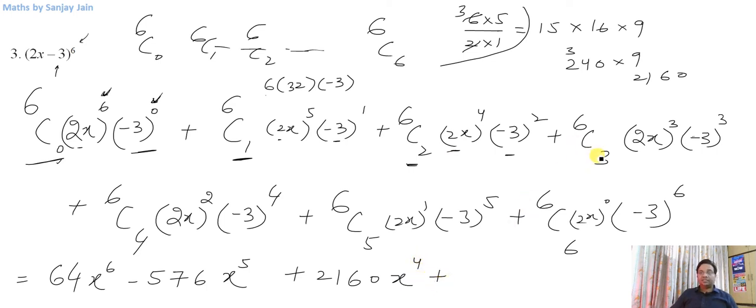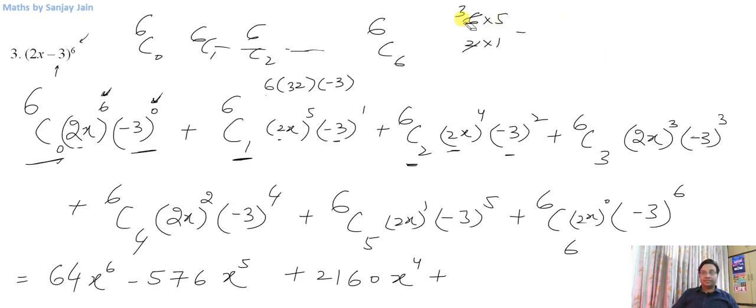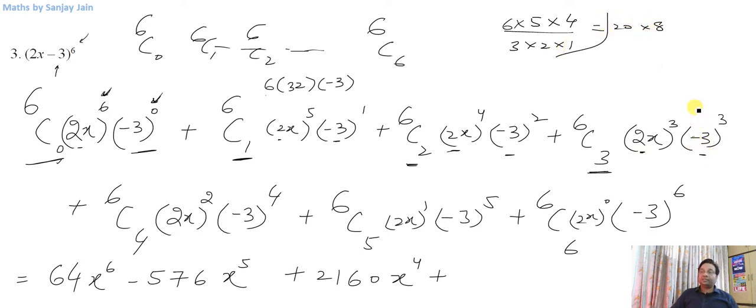What is 6c3? 6 into 5 into 4 by 3 into 2 into 1, right? I know the calculations can be a little daunting, otherwise there is nothing in this question. 6c3, I am writing, 6 into 5 into 4 by 3 into 2 into 1, so it is 20, and you need to multiply it with 2 raised to power 3, that is 8, right? And this is minus 3 raised to power 3, so 27.